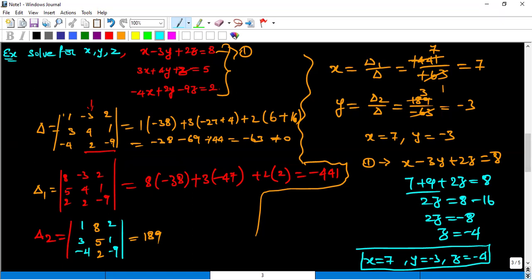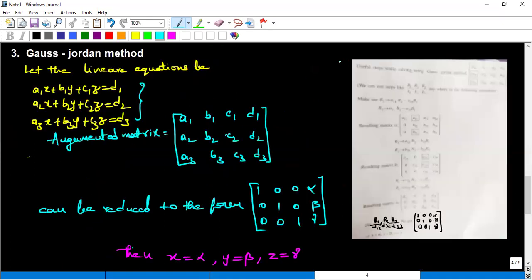Now let us see what is the Gauss-Jordan method. We will write all the coefficients and constant values in an augmented matrix, and we will convert that augmented matrix into this particular form, where alpha, beta, gamma are the values of x, y and z.